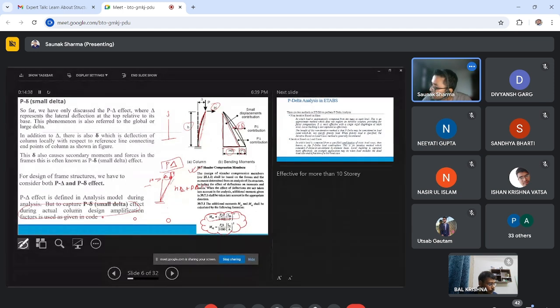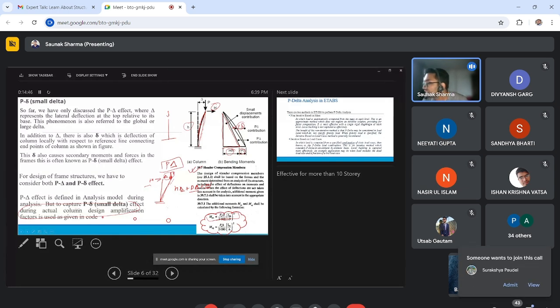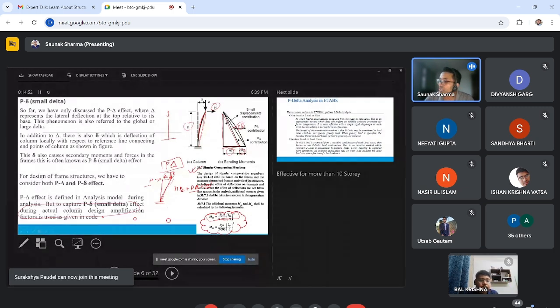Again, it will give P delta dash, till the difference is within our convergence limit. This process is iterative. It will continue. We need to give that convergence factor in ETABS also, until it converges. So we need to understand that P delta is an iterative process also.